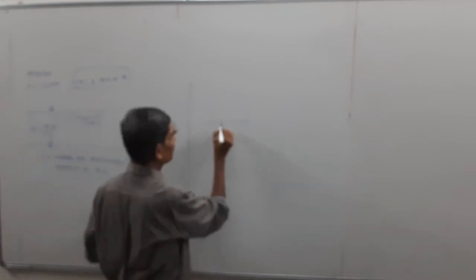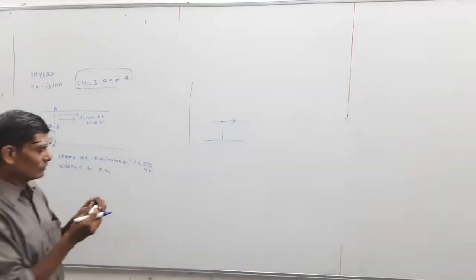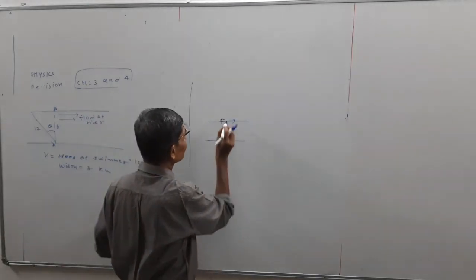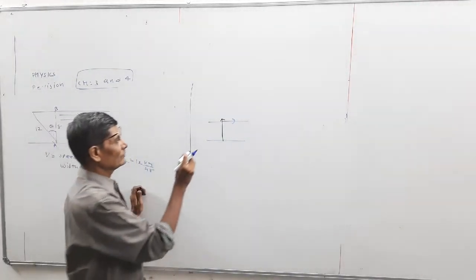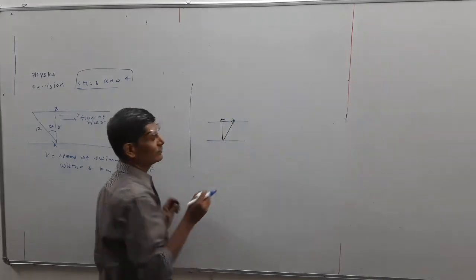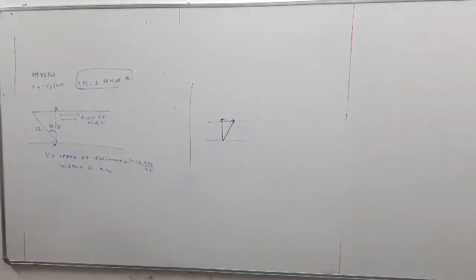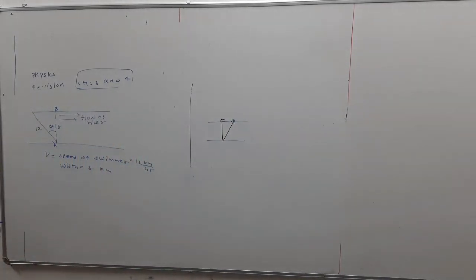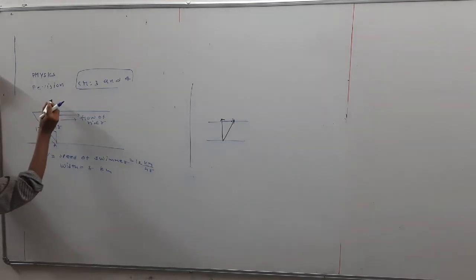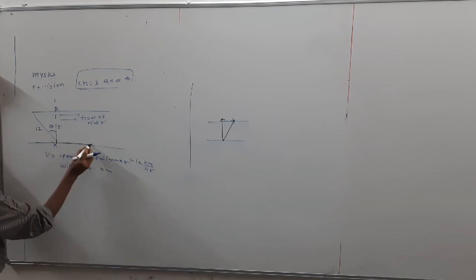Now let us say the flow of the river is like this. If the swimmer just starts in the vertical direction, because of the flow, his motion will be diverted. But we can say he is smart, so he swims at some angle with the vertical. Let this be our y-axis and this our x-axis.